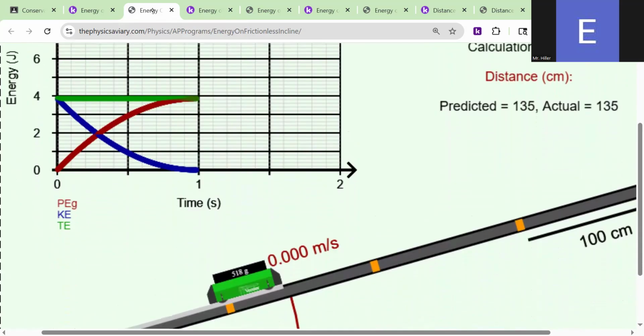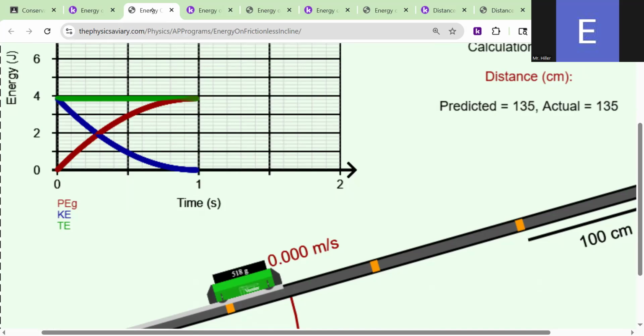But I'm just going to recreate it. It's easy enough to recreate. You can clearly see we're starting with a kinetic energy of about 4 joules, a potential energy of 0. The potential energy rises from 0 to 4, and the kinetic energy drops from 4 to 0, with the total energy being the same.